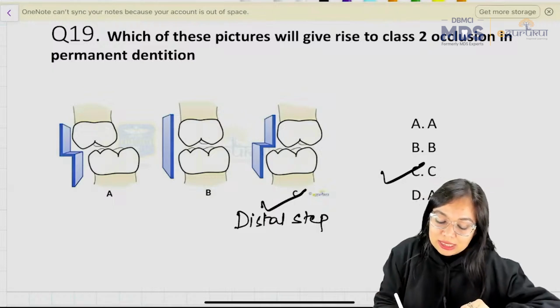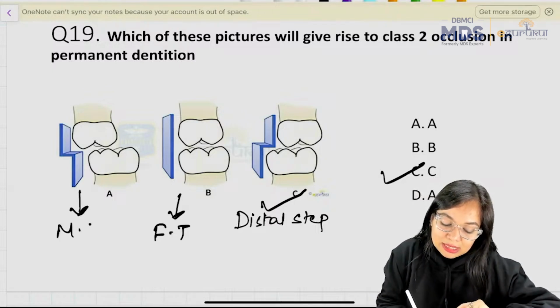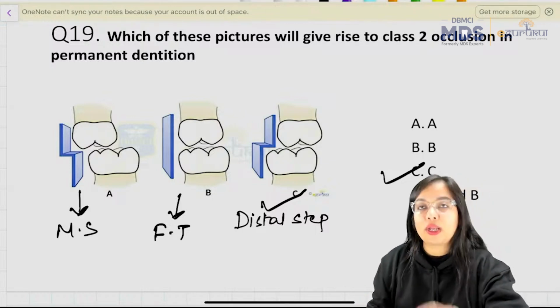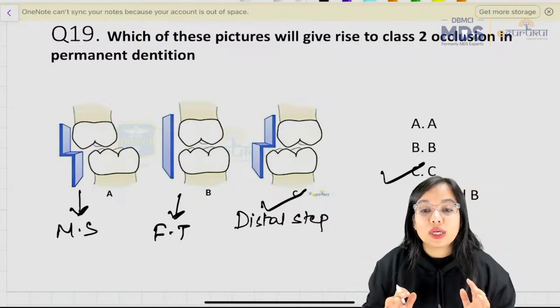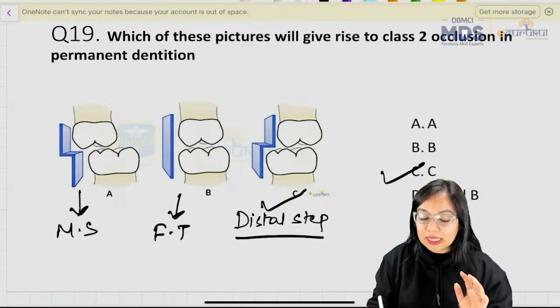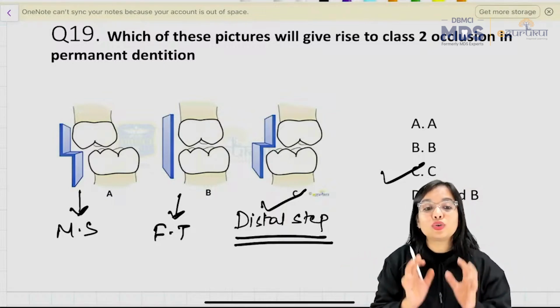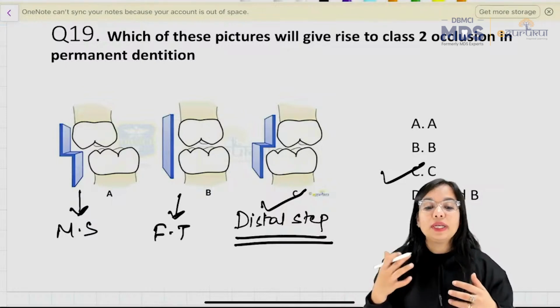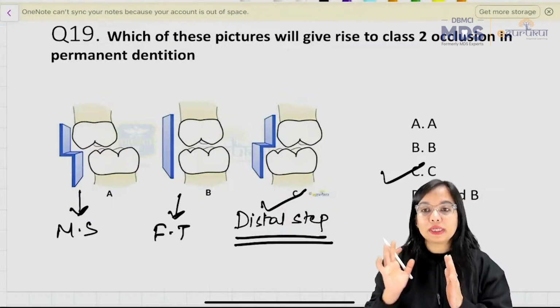So this is a distal step, this is a flush terminal plane, and this is a mesial step occlusion pattern of primary molars. Okay, so this distal step will lead to a class 2 molar occlusion when it develops into permanent teeth.